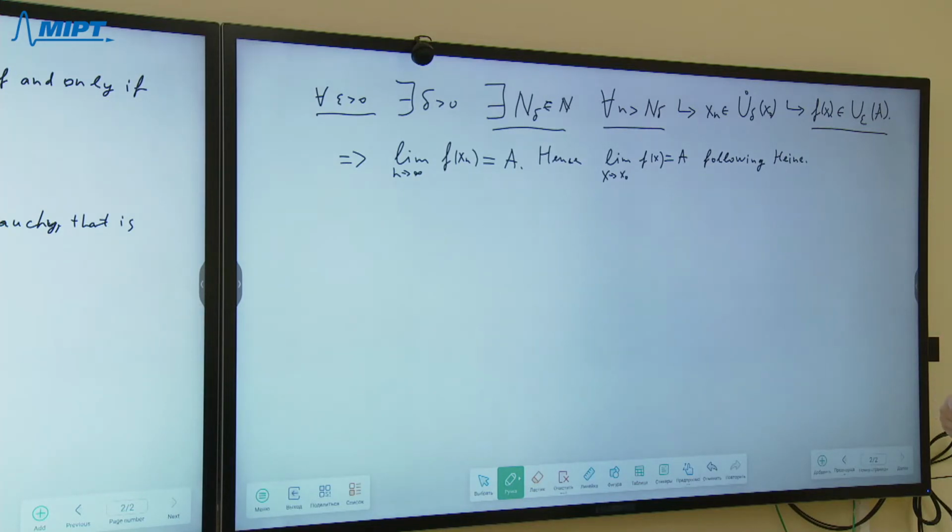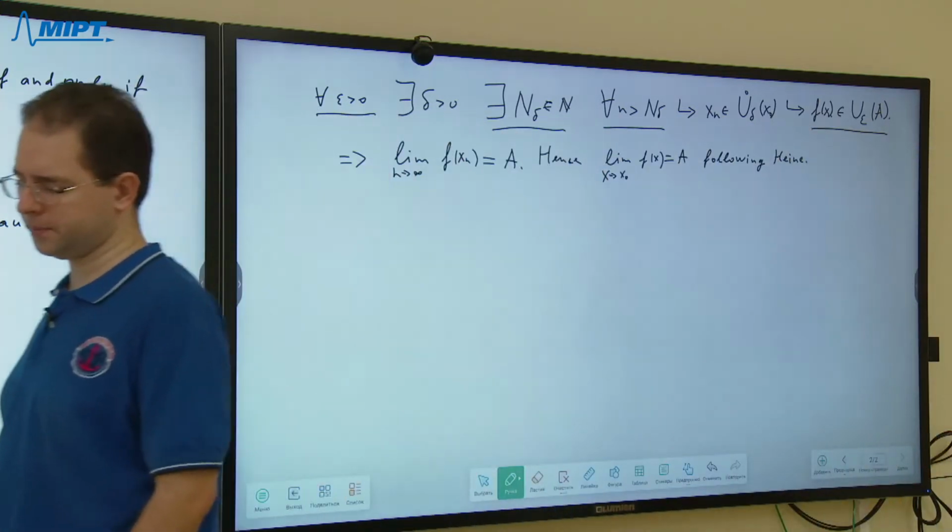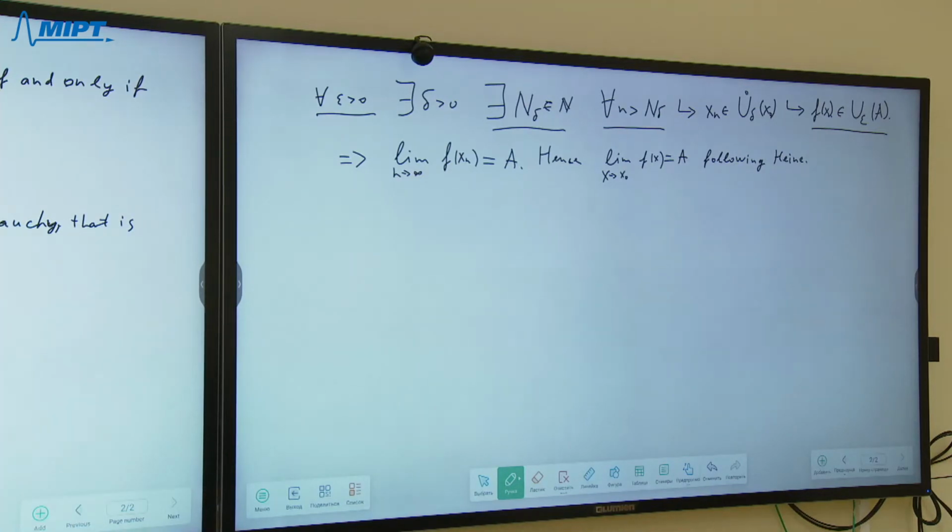So I've proven this theorem one way. If a function has some specific limit following Cauchy's definition, then this function has the same limit following Heine's definition. Okay. Now we will prove the converse.